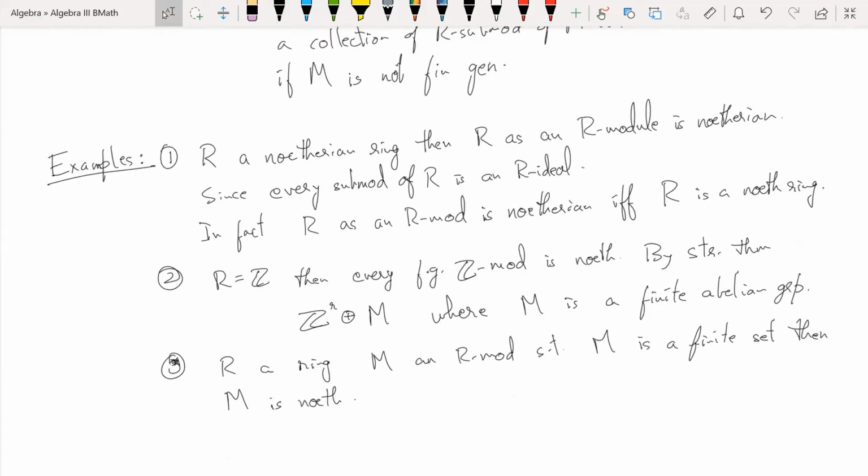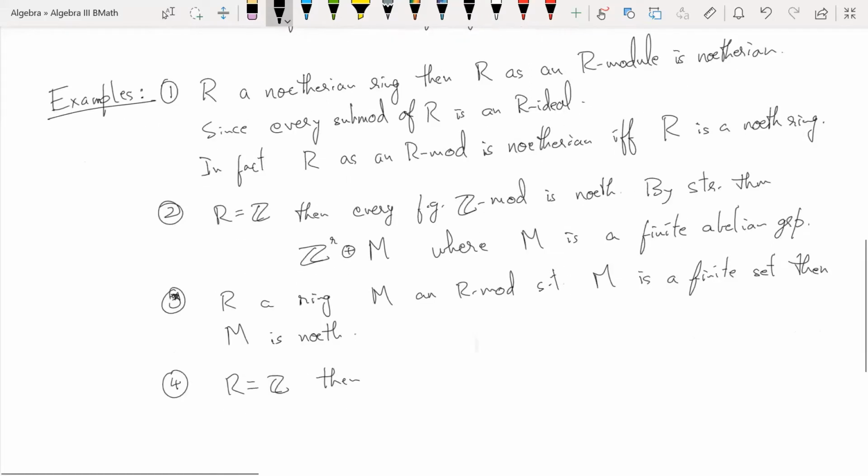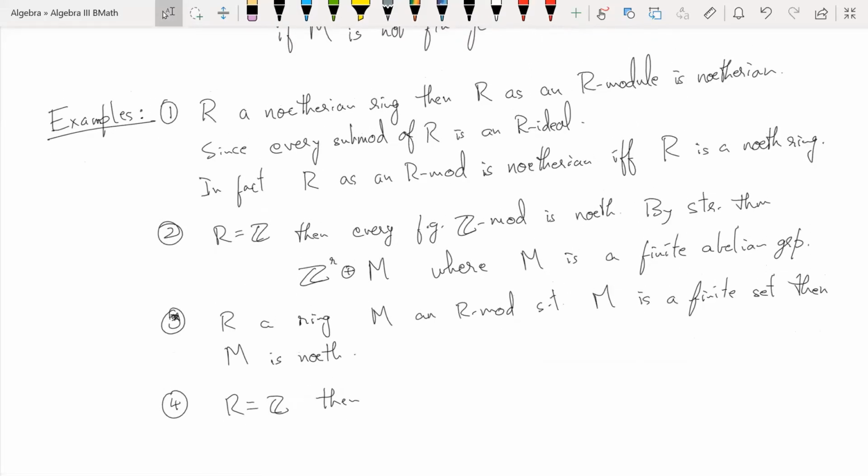So what will be an example of a non-Noetherian module? If R is a non-Noetherian ring, then it's easier: you just take R to be that module itself. But if R is equal to Z, then something which is not finitely generated is not going to be Noetherian.